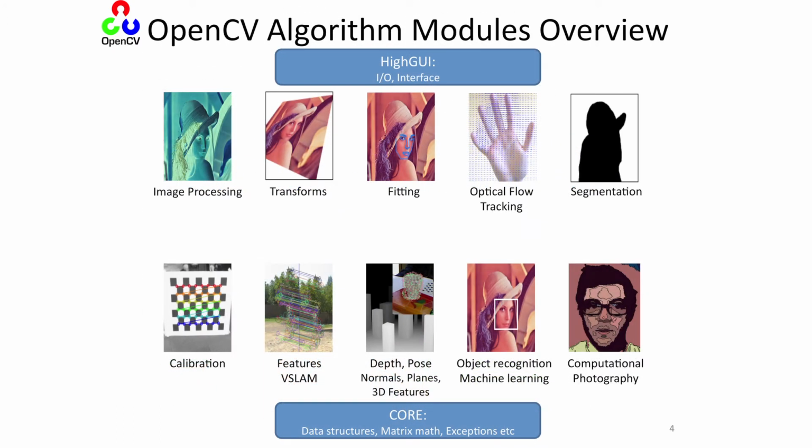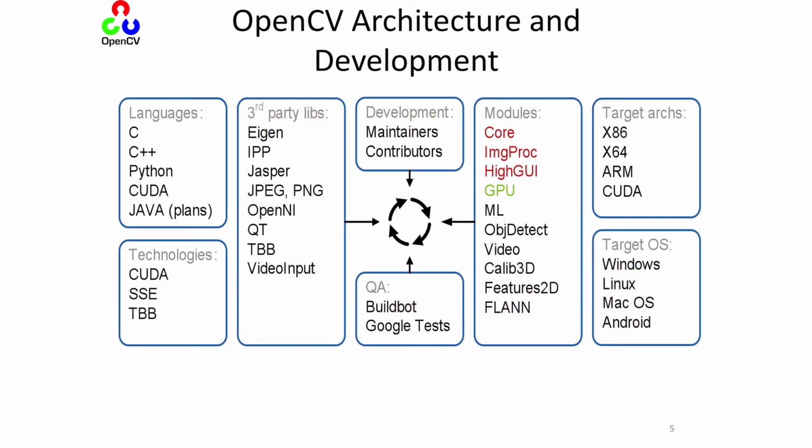And I'd gone over this in the other talk, but it covers a huge number of areas. It's one of the reasons we find it useful in robotics, because it sort of covers everything to some extent. And same slide from the other lecture. This is more or less just the architecture of OpenCV. You have the languages and its specializations for CUDA, SSE, the optimizations.